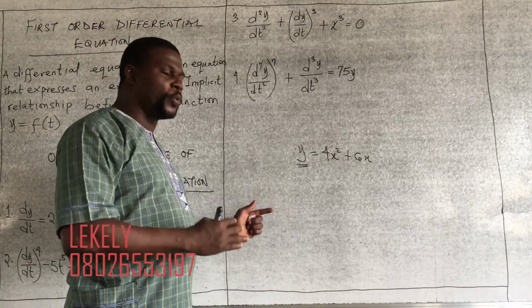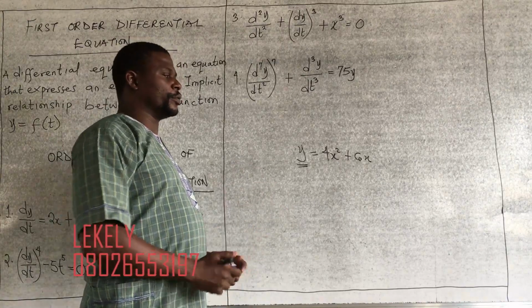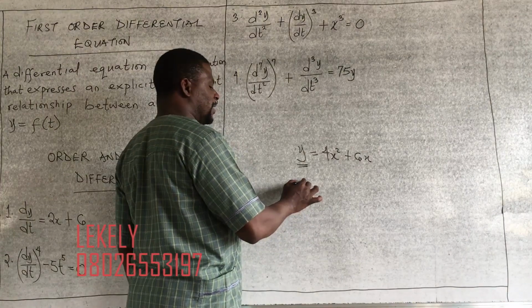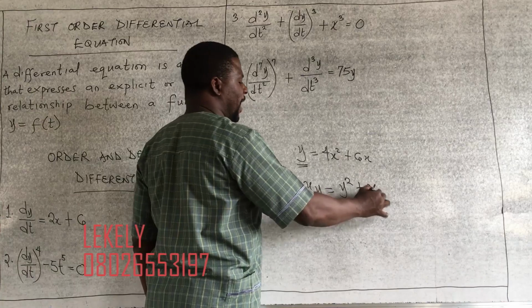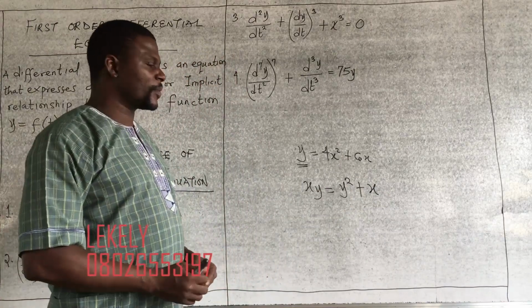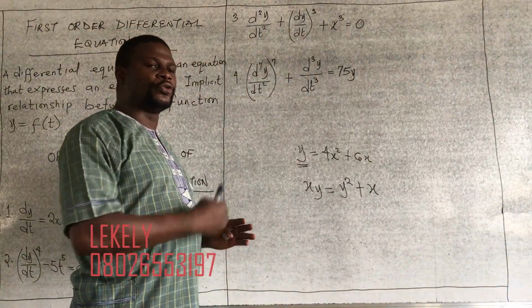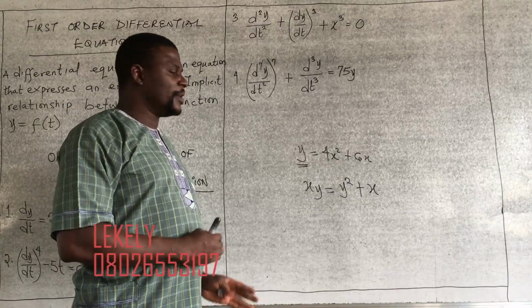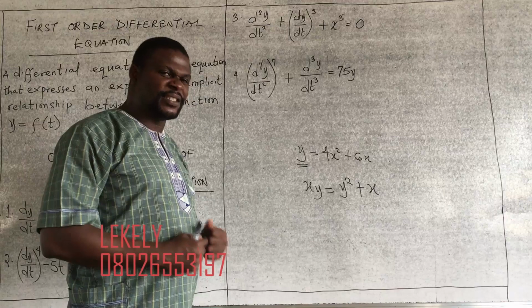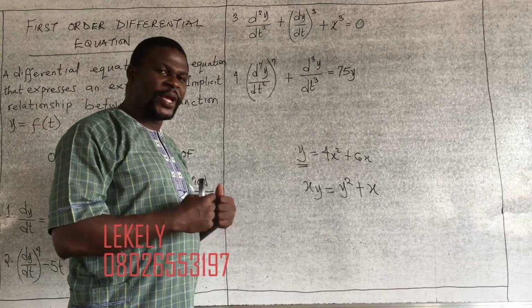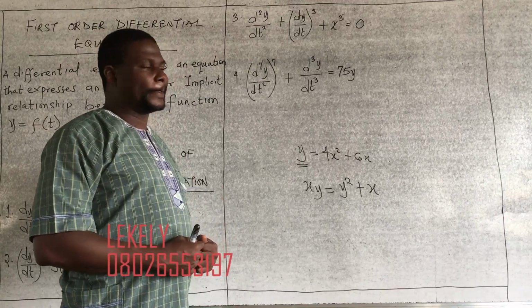They are on opposite sides of the equation. But if I have something like this, xy equals y squared plus x, on both sides of the equation you have y and x. When you have an equation in this form, you call it an implicit function or implicit relation.